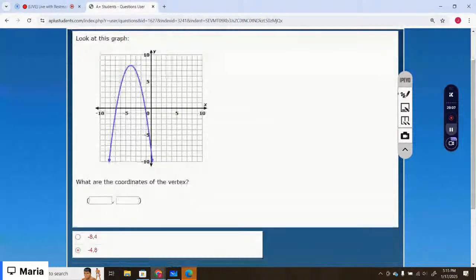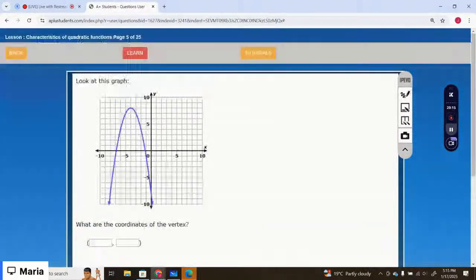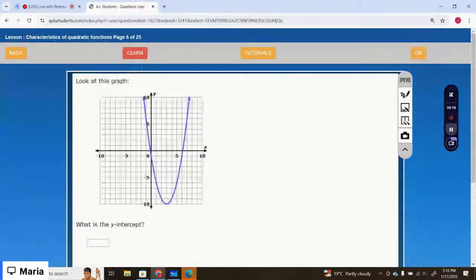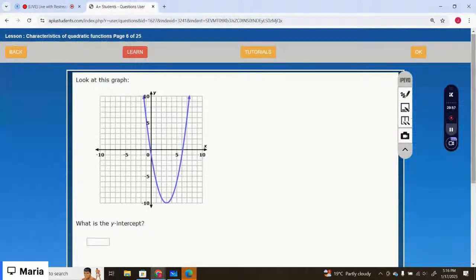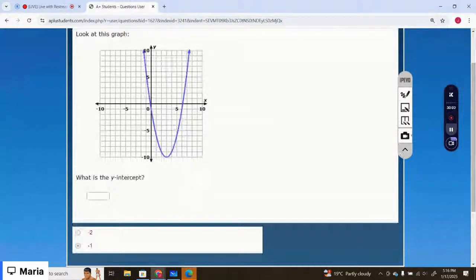The correct option is the y-intercept is negative 1.